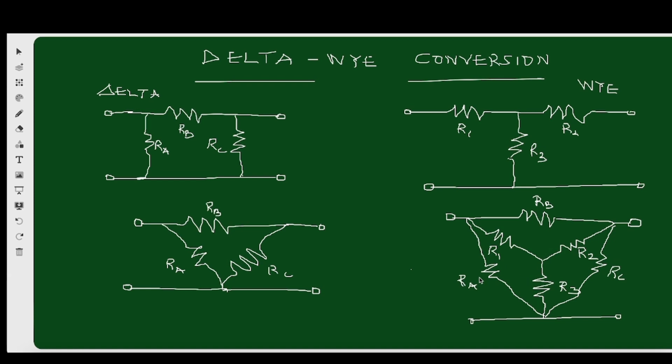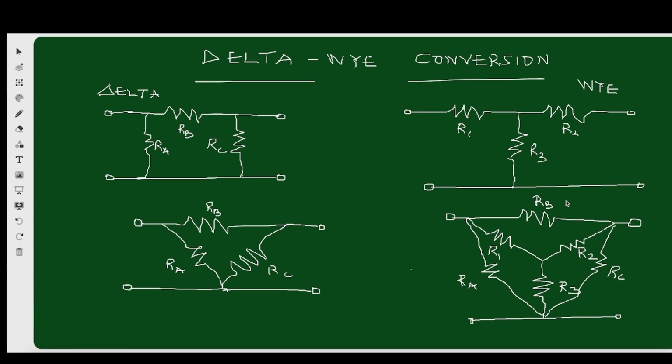So how do I get that? When you draw your star, you want to convert it to delta. So draw your delta on top of the star, right? The resistor that is opposite to the resistance you are looking for, RA. Which resistor is opposite to it? R2. That will be your denominator. So RA will be R1 R2 plus R1 R3 plus R2 R3 divided by R2.